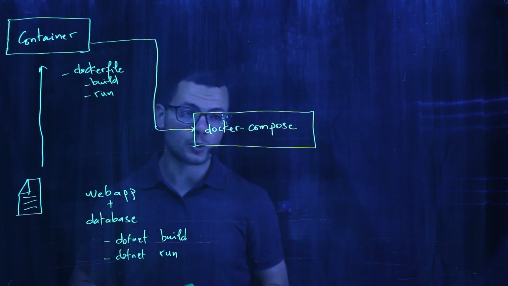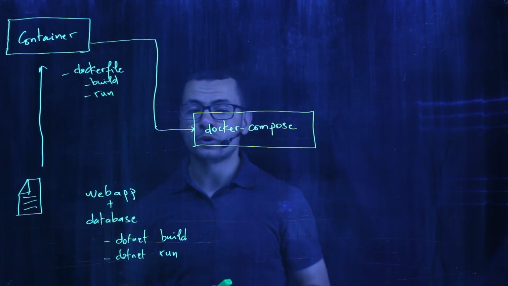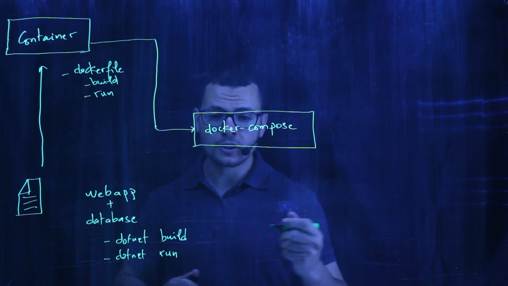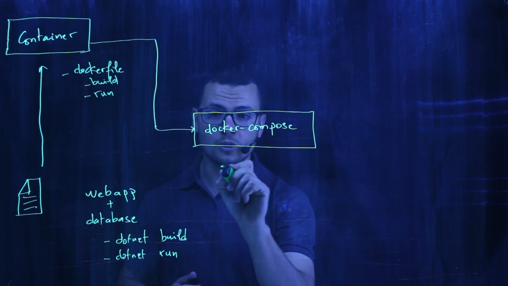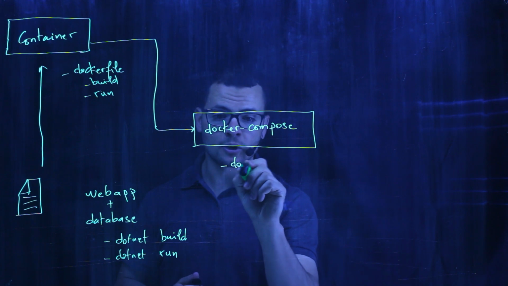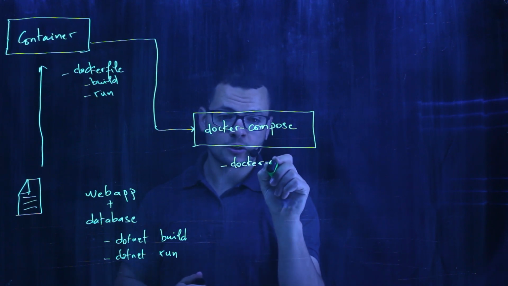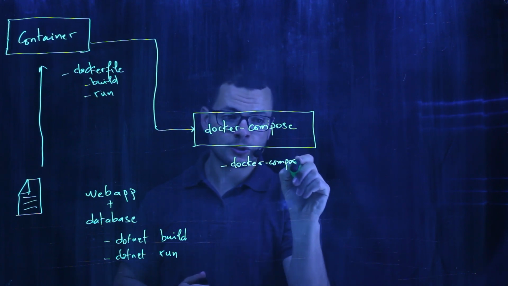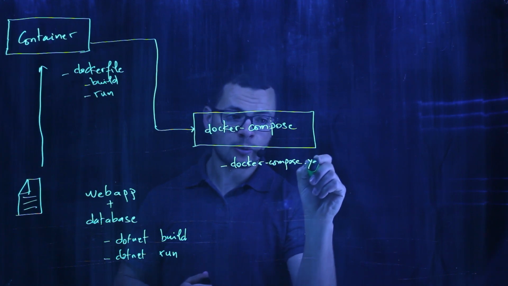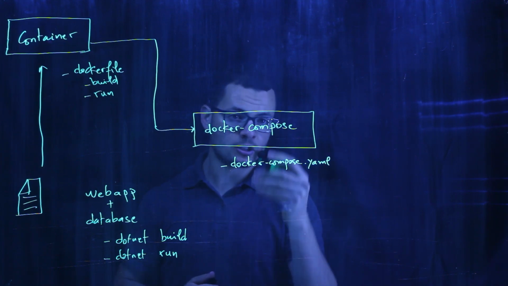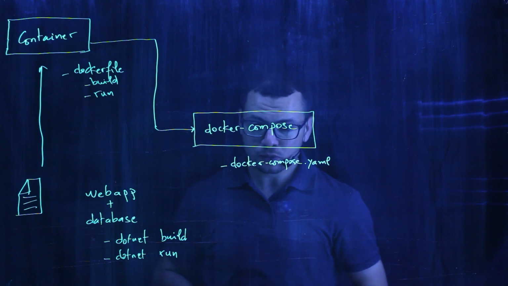And at the end, Docker Compose is a file, like we have the Dockerfile, and this is a YAML file. So we'll have something called docker-compose.yaml. Of course, you can change its name if you want to.